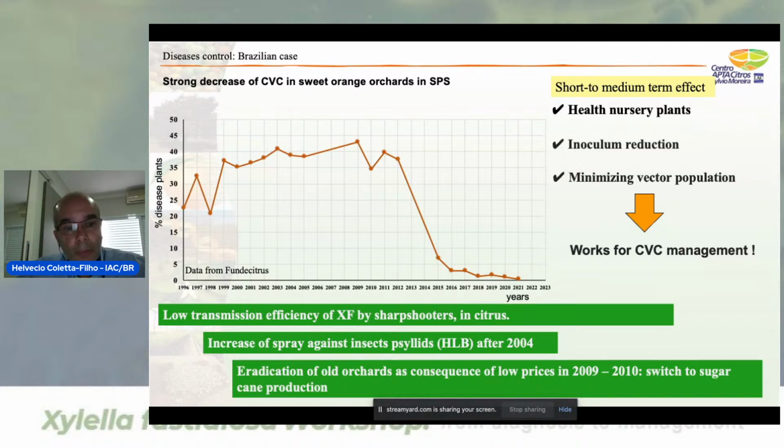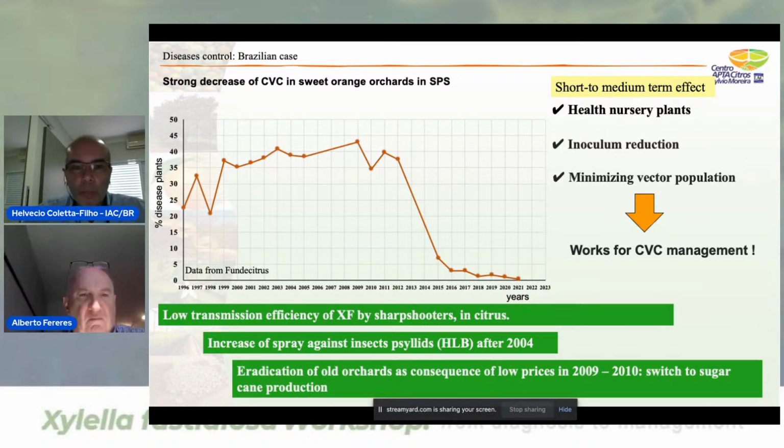And also in 2009, 2010, there were great eradications of the old orchards as a consequence of the low price of sweet orange at that time, and the growers switched to sugarcane production. So the older plants that were frequently more affected by Xylella were removed.